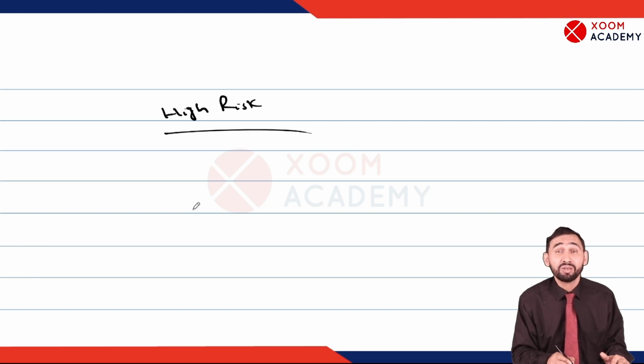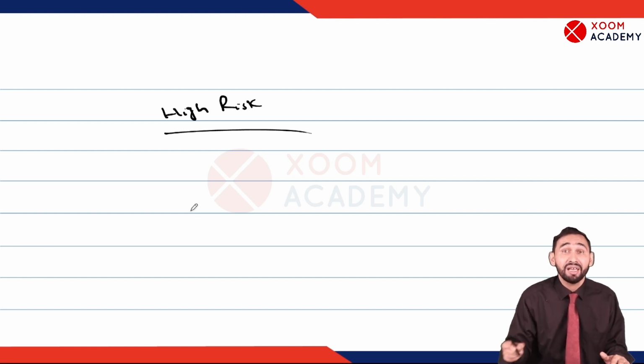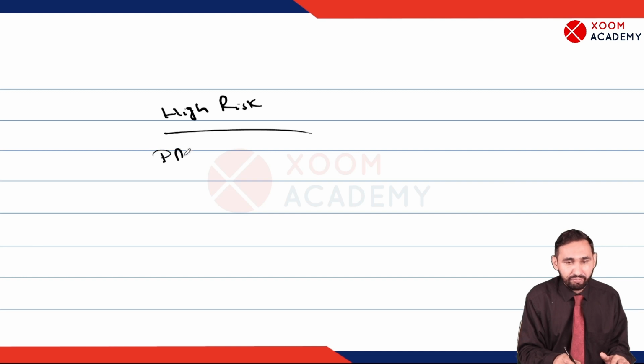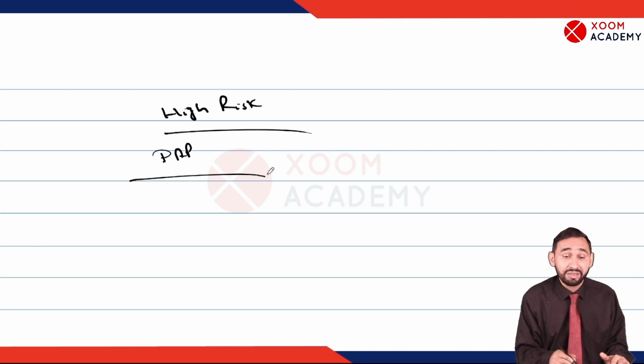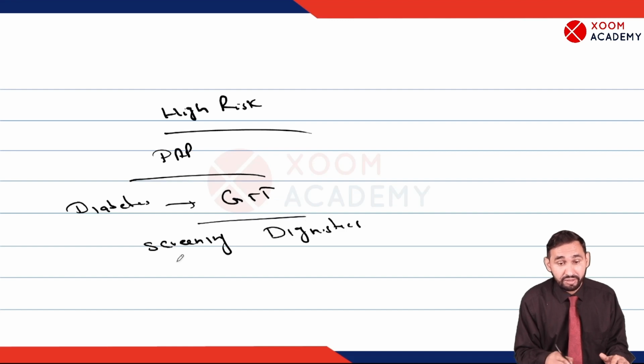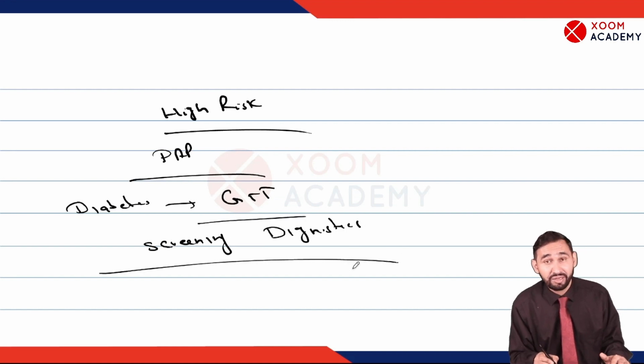We must know the risk factors of the disease. That's why I said that we must know the natural history. We target them and we do the pap smear. This test is diagnostic and screening. And for diabetes, the glucose tolerance test or GTT is a screening test and it's a diagnostic test. So certain tests are screening and diagnostic.